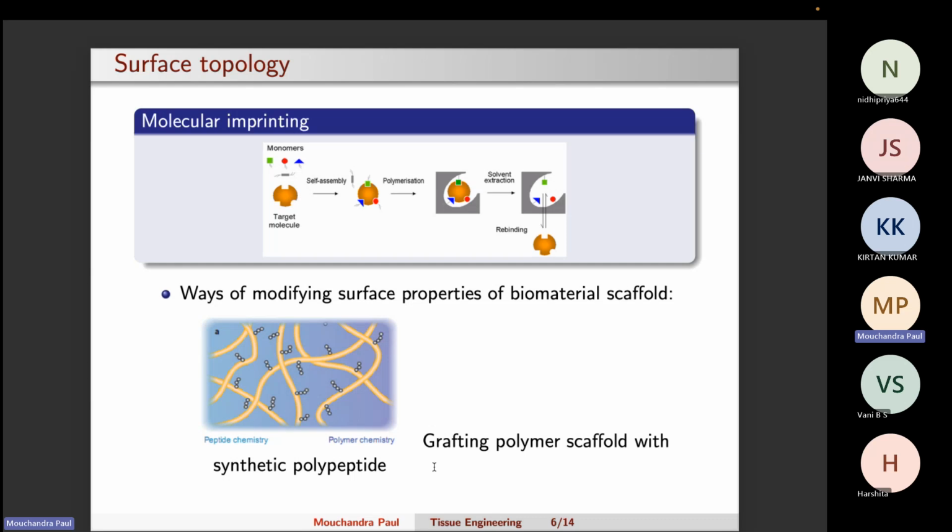Like the RGD peptides, etc., they specifically add onto that polymer, chemically, means by covalent bonding. These RGD peptides and other types of peptides are grafted onto the polymer backbone. Okay, and then the synthetic polymer can adhere cells. If the grafting is not done, then the cell won't adhere. So this is one way of modifying the surface property.